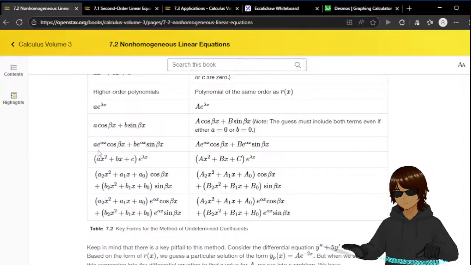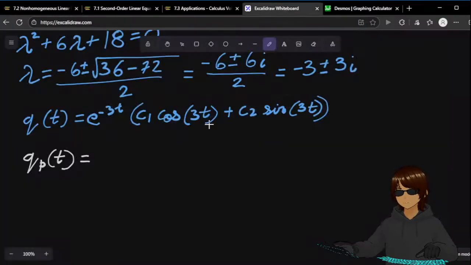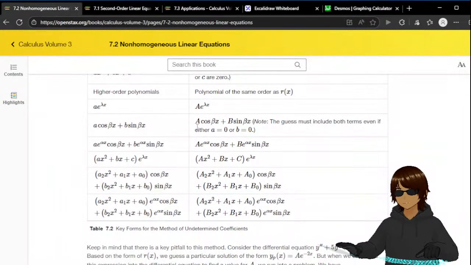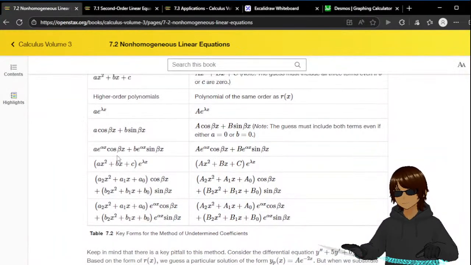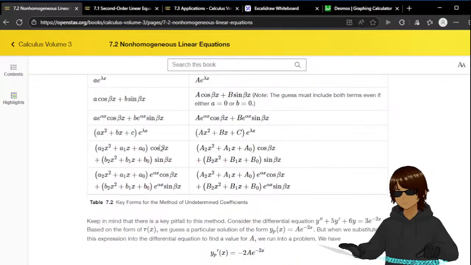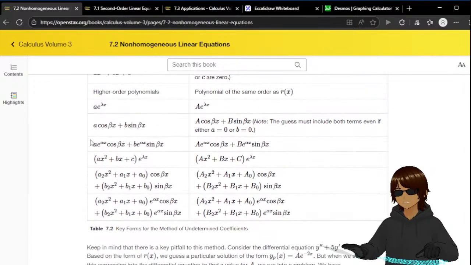A e to the power of, okay, taking e to the power of alpha x out, and A and B is what? This does not make sense. A, B, beta, alpha.